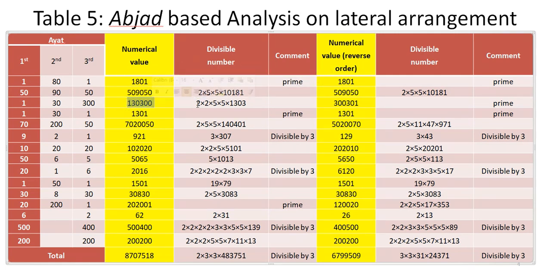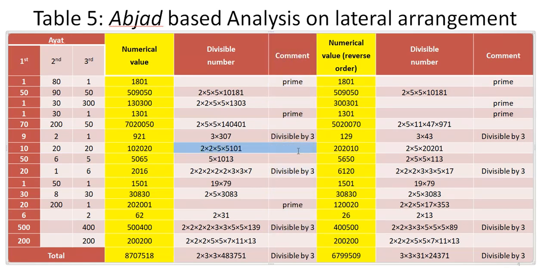Same case is for this number also. This number is a prime, so the comment is prime. Again, this number is the result of the multiplication of these two numbers. And here an additional comment is made: it is divisible by 3. Whether it is divisible by 3 or not, the comment is made.